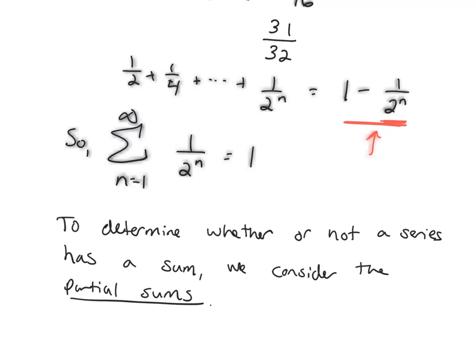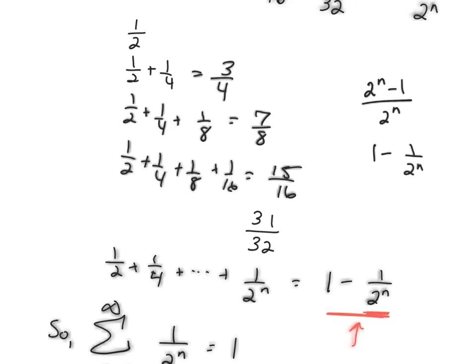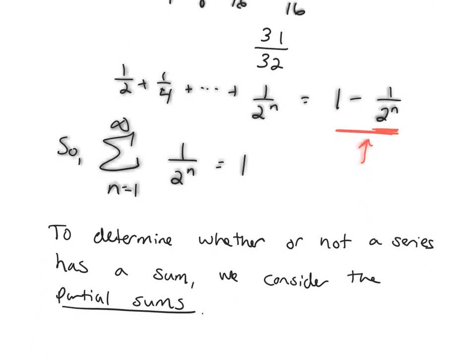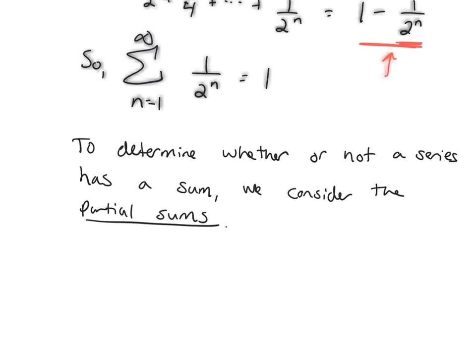These are numbers where I start adding. Let me scroll back to our example, where I start adding these terms, the 1/2, the 3/4, 7/8, 15/16. Those are my partial sums, where I add up a partial amount of the numbers, okay?